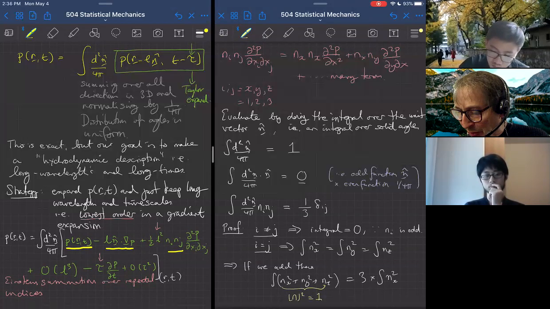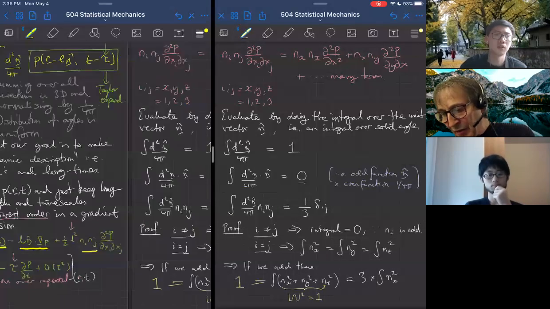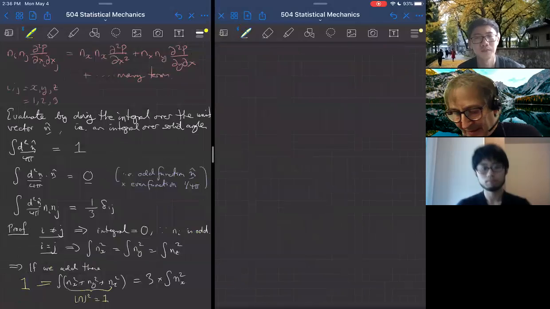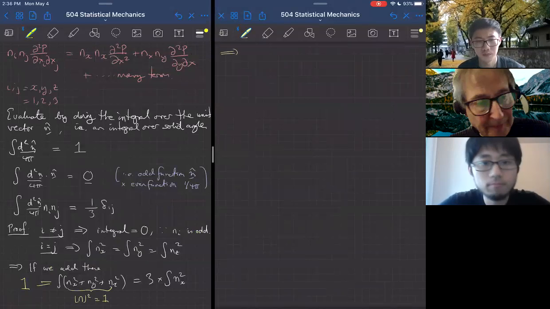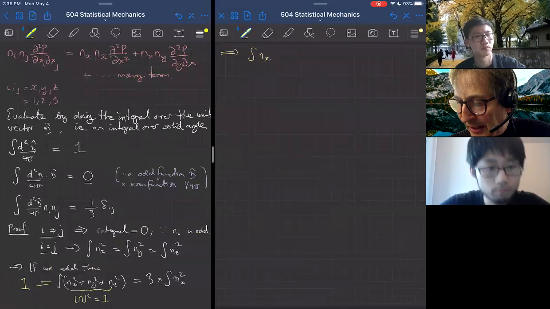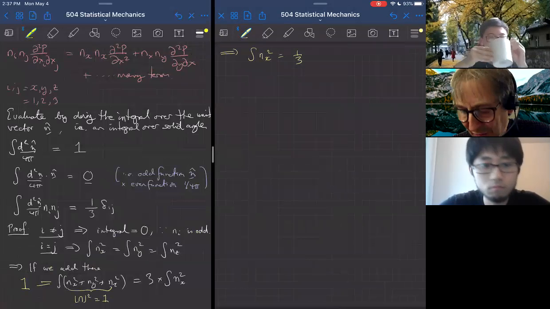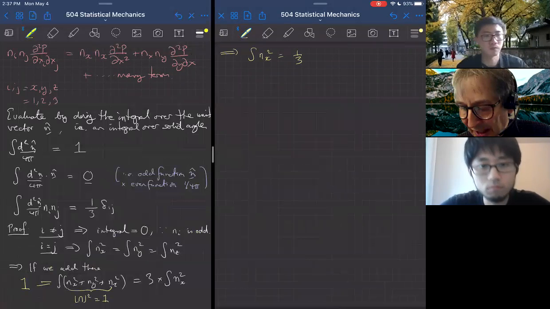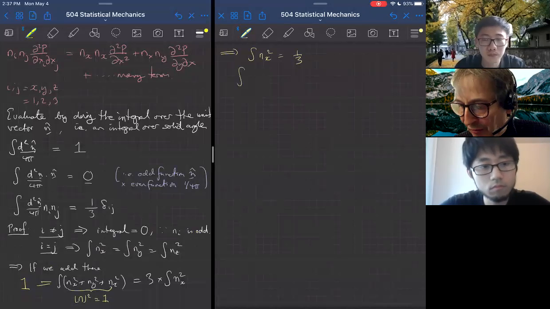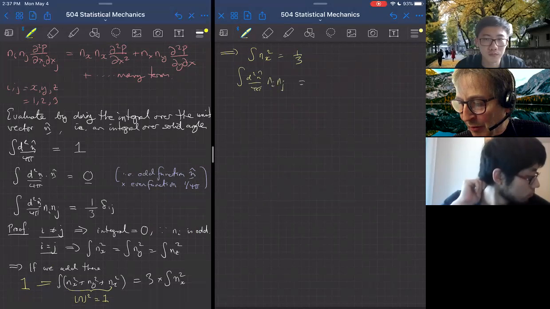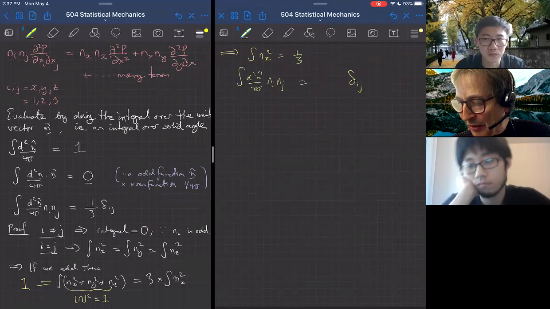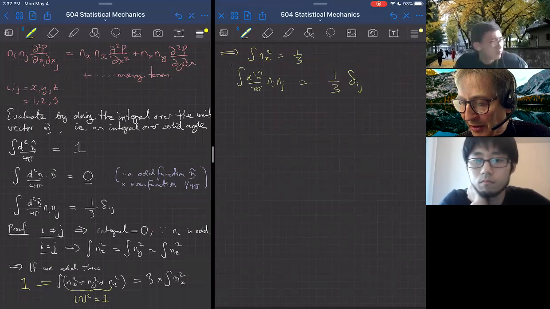And therefore this whole integral is equal to unity. And so what I've just shown you is that the integral of nx squared is equal to 1/3. And because the integral is 0 when i is not equal to j, the integral d2n over 4 pi ni nj is equal to 0 if i is not equal to j, so that's delta ij, and when i is equal to j, it's equal to 1/3.